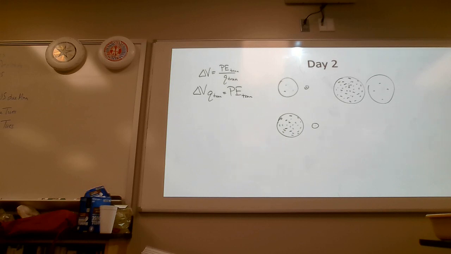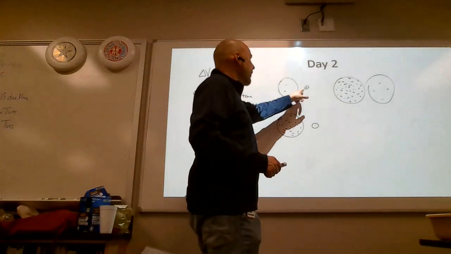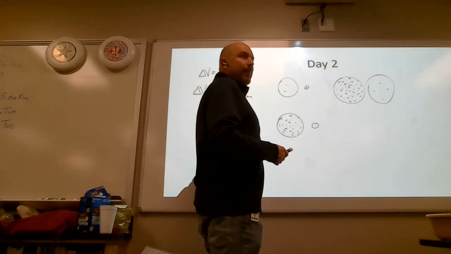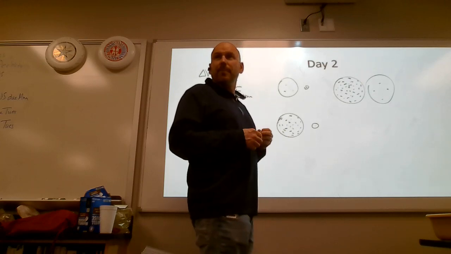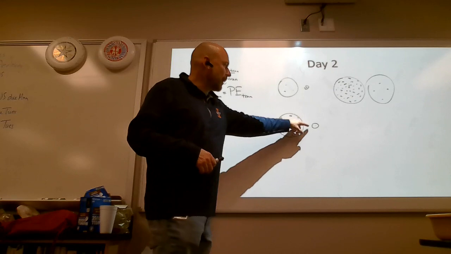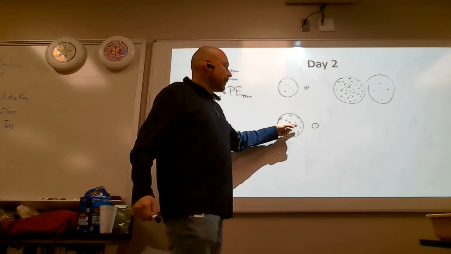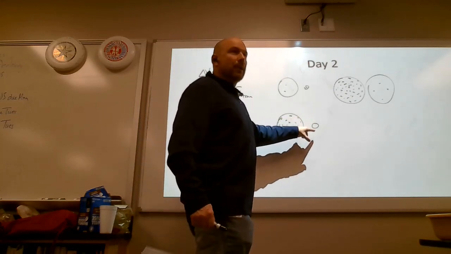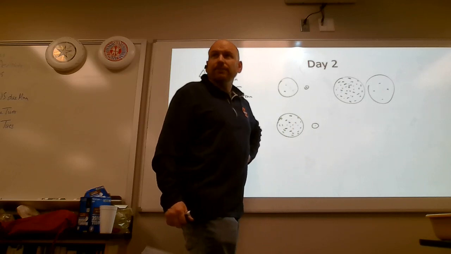The Van de Graaff generator would be the little circle. I would be the big circle. So they're really motivated, but because there's a limited supply of electrons on here, it's not going to be that powerful of a shock. Okay, and on this one, they're highly motivated, but there's not that much room for the electrons to go, so it's not going to be that big of a shock.